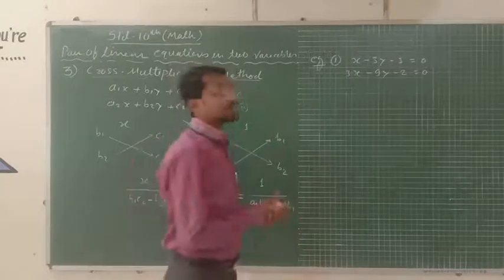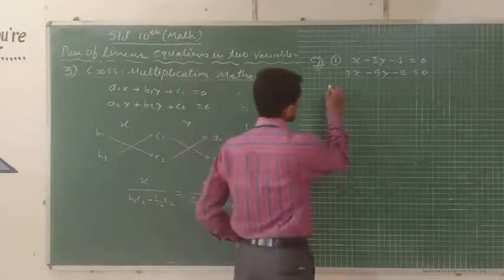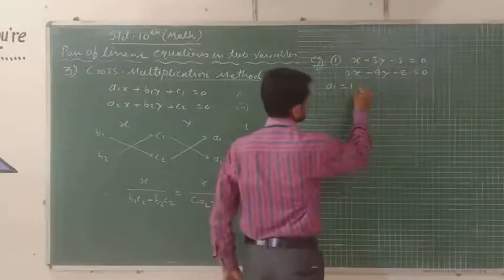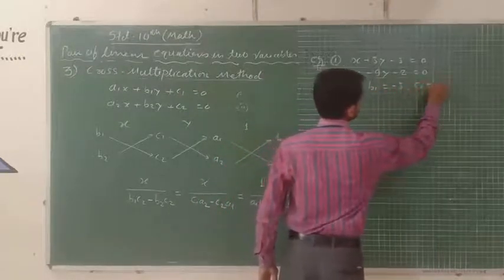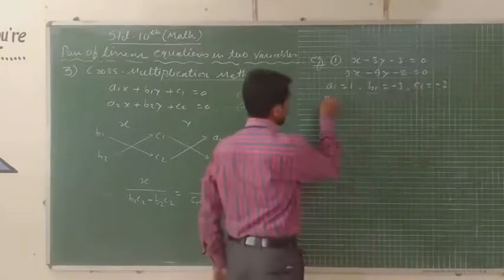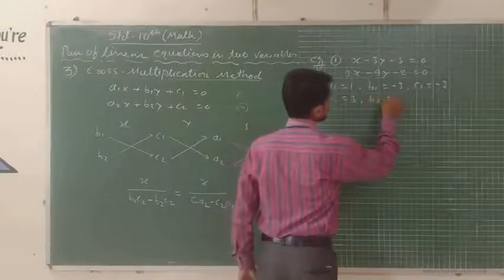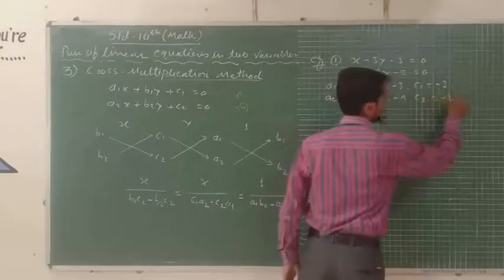So we need a1, a2, b1, b2 and so on. Here a1 is equal to 1, b1 is equal to -3, c1 is equal to -3. Then a2 is equal to 3, b2 is equal to -9 and c2 is equal to -2.